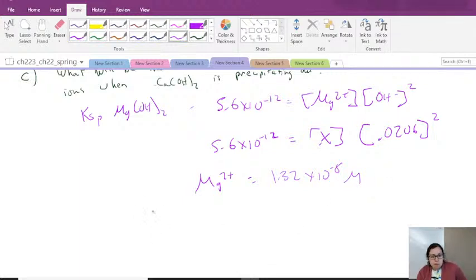For our purposes, this would be considered an effective separation. That is a pretty small amount, so that's considered effective separation. Did that answer your question, essentially?